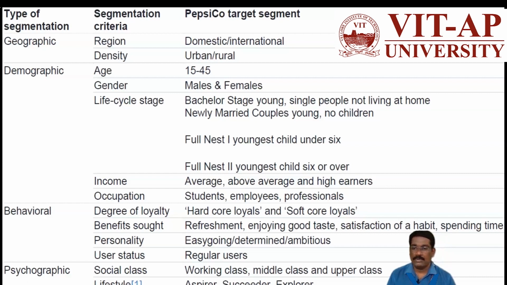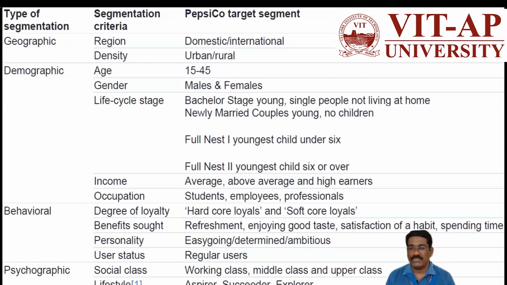They also look at regular users, or those who use the product very seldom, and they try to categorize them. Pepsi uses this kind of segmentation variable to target the segment in which they are interested.